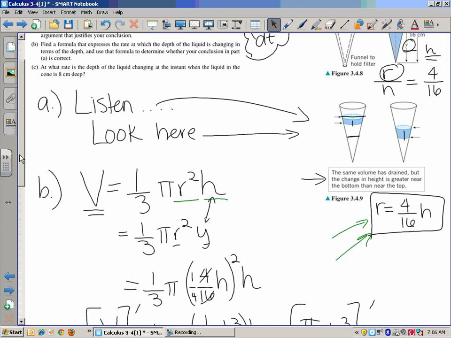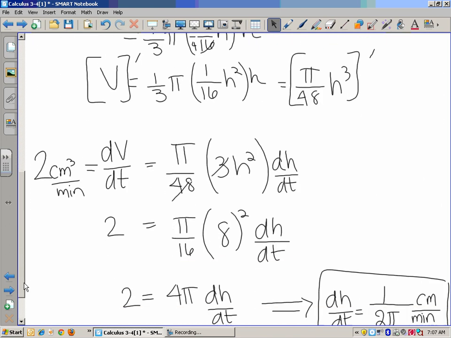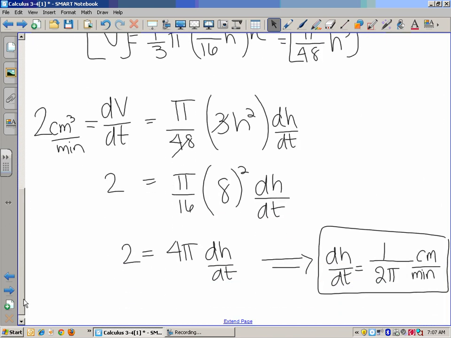I do not want to plug the known values into the original equation. I only plug in the known values at the very end. I need to take the derivative of everything first, and at the very end is where I'm going to plug in my constants.